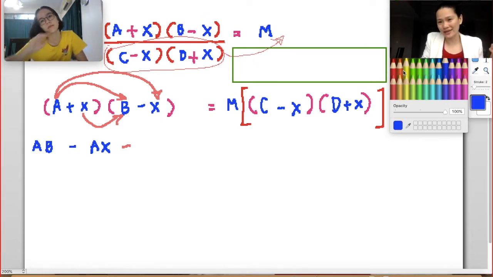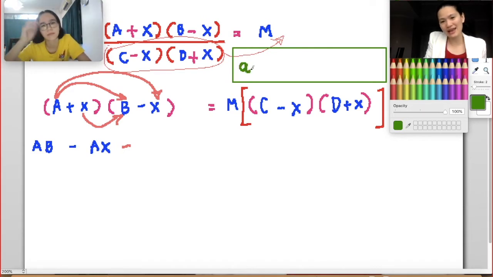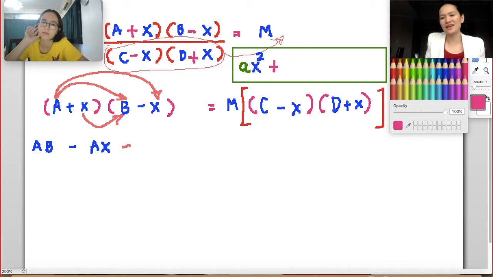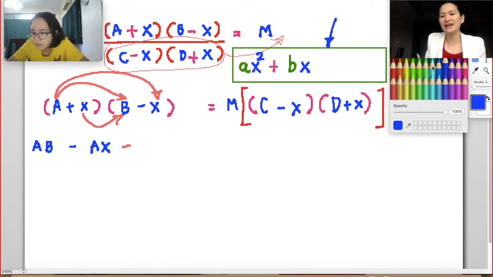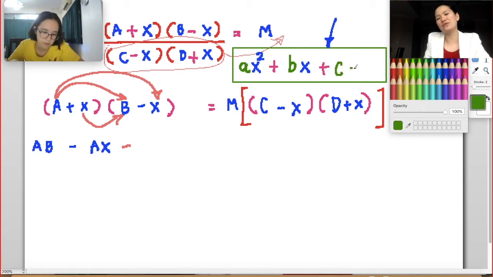We try to make it in this form: ax squared plus bx plus c equal 0. Here a, b, c is a constant number. That's what we try to make it.